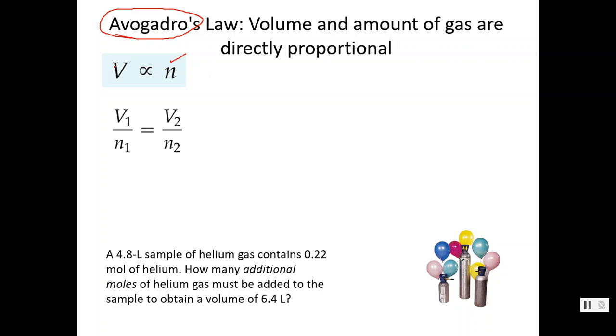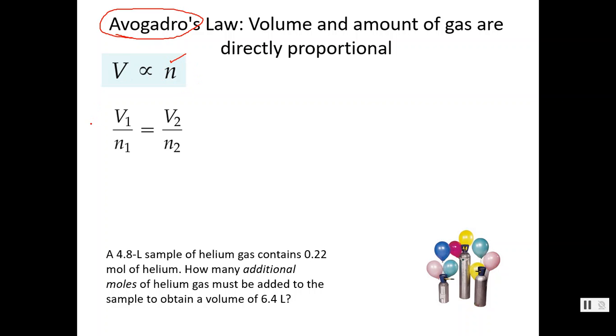Just like we saw with Gay-Lussac's law with pressure and temperature being directly proportional, Avogadro's law is a direct proportionality, specifically volume and number of moles. And that sort of makes sense. The more moles of a gas you have, the bigger volume it's going to take.